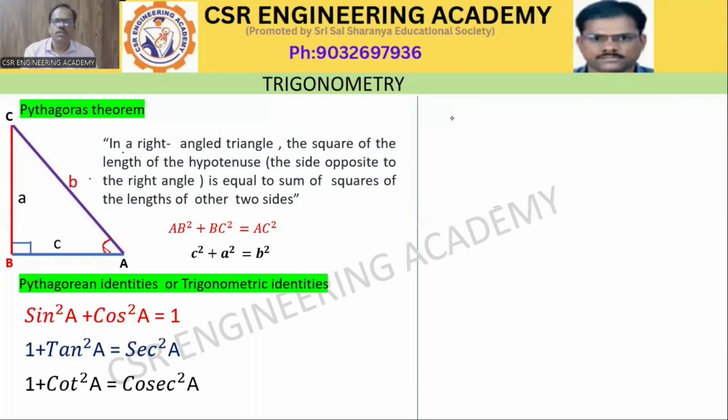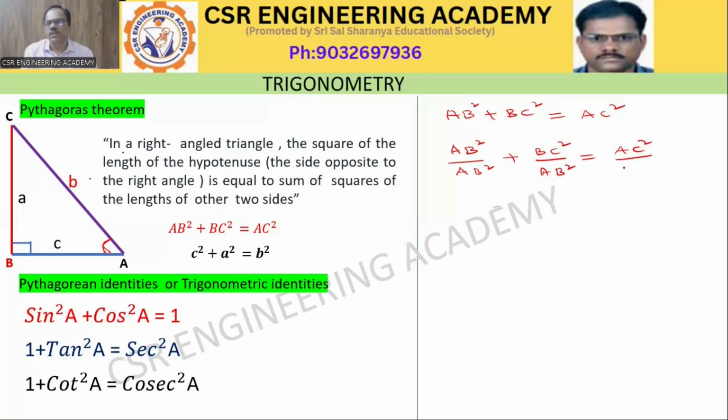By definition, AB square plus BC square is equal to AC square. Divide each term by AB square, that is AB square by AB square plus BC square by AB square is equal to AC square by AB square.